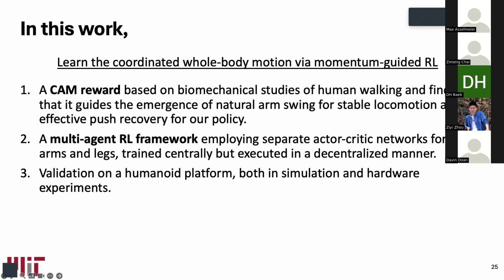We achieve this natural arm motion especially by adopting a multi-agent reinforcement learning framework that separates the actor-critic networks for the arm part and the leg part, because their roles can be distinctively separated, and trained in a manner called centralized training, decentralized execution. We'll explain later. We also validate our methodology on our MIT humanoid platform in simulation and hardware.